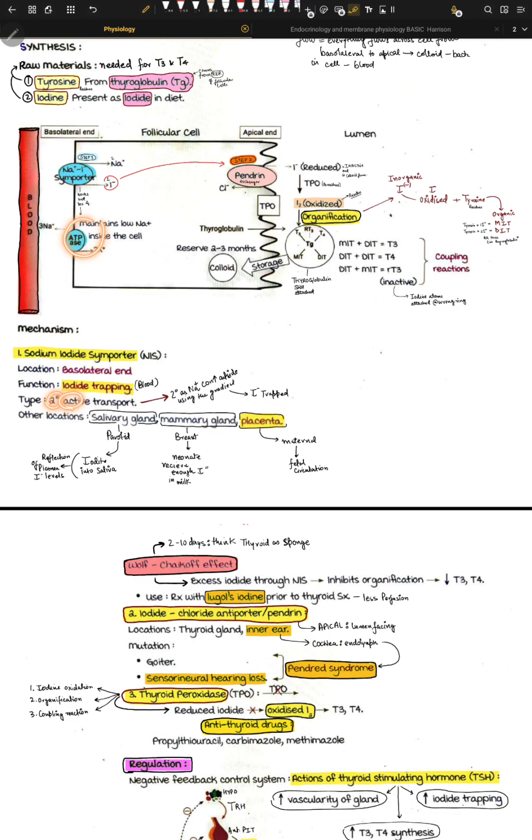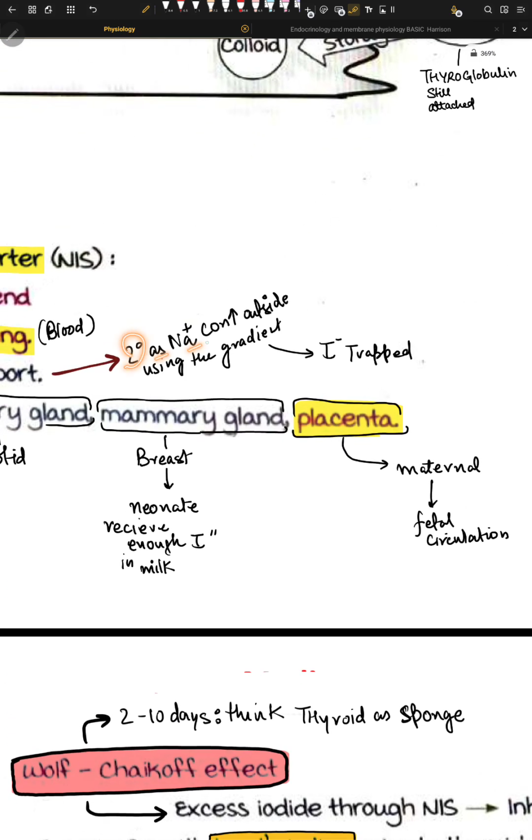It means this was primary active transport. It has created a concentration gradient, higher here and lower here. So obviously things will move from higher to lower because of the concentration gradient. So this is a secondary active transport, right? Secondary, as Na concentration outside the cell is high. Now using this gradient, the iodide is trapped inside the cell.